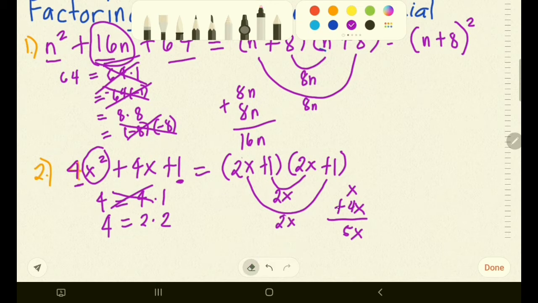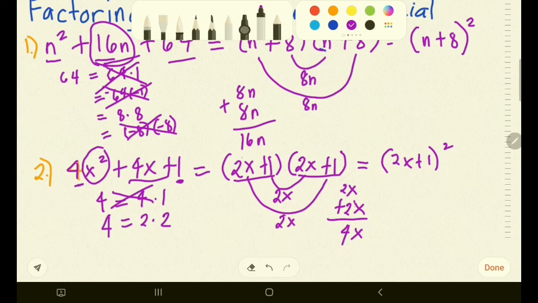Then we add the results of the products for the inner and outer terms. 2x added to another 2x is 4x. We get the middle term, 4x. Since we have the same binomial factors, you express that to the power of 2. That would be the quantity 2x plus 1 squared.